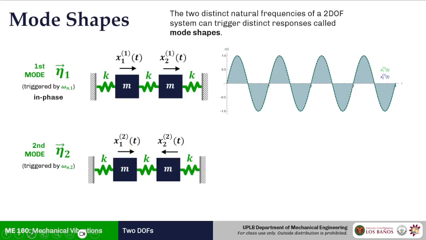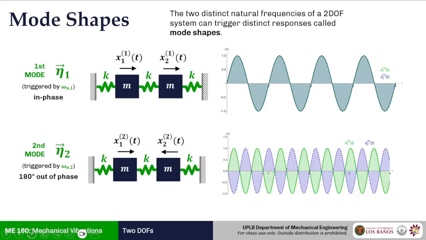So the displacement graph will look something like this. If x1 is up, x2 is down. If x1 is down, x2 is up. And what you notice here is that the second mode is actually producing a tighter displacement. That is because omega n2 is larger than omega n1. So the order is important.